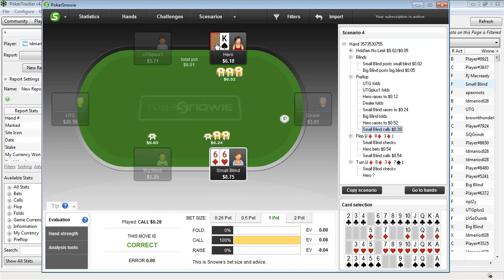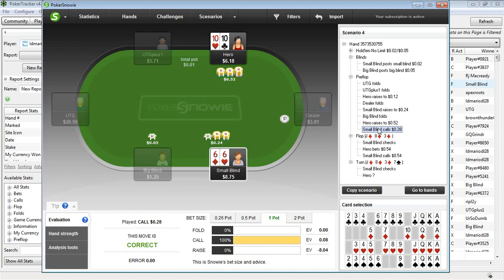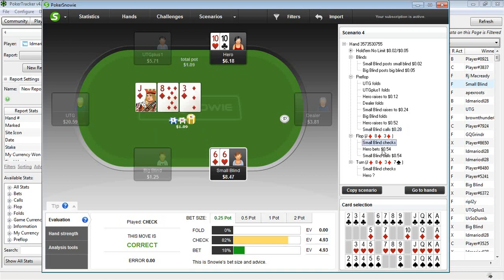Oh, I can. So let's say I 4-bet him with 10-10 and no diamond. He checks. I'm supposed to check back there. Yeah, it makes sense here, I guess, to check back second pair.